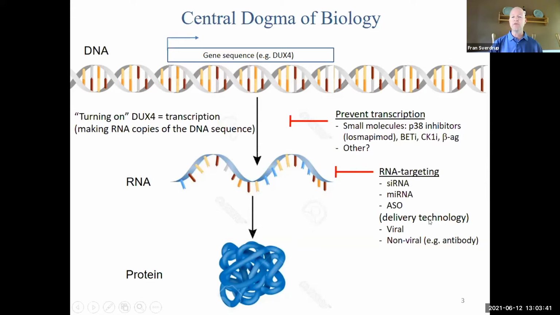And you need a delivery technology to get these things to go to muscle. And that can be either viral or non-viral, for example, an antibody. And finally, as Eric also just mentioned, there is work ongoing to find small molecules that might bind to DUX4 itself and prevent DUX4 from having a toxic function.